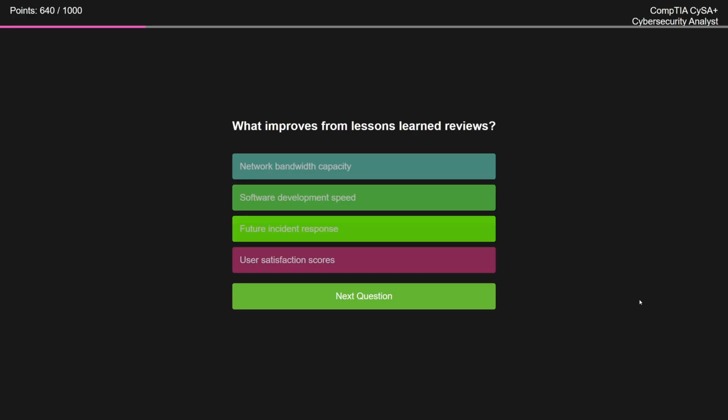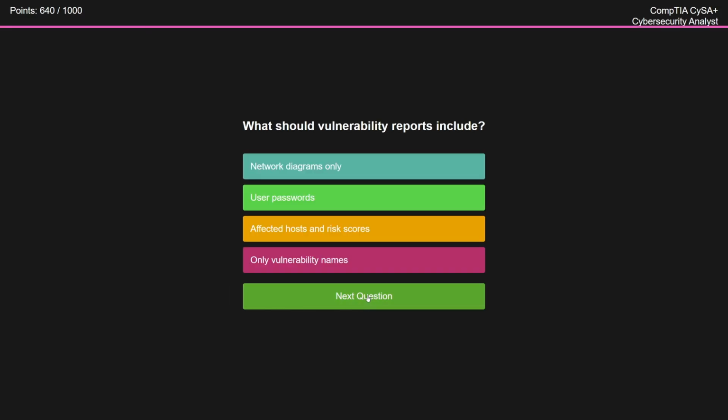Potentially if you get better processes, better lessons learned, you actually know what not to do, and you could get a better satisfaction score, but for this we're just going to go with future incident response. So you can be better at responding to incidents.